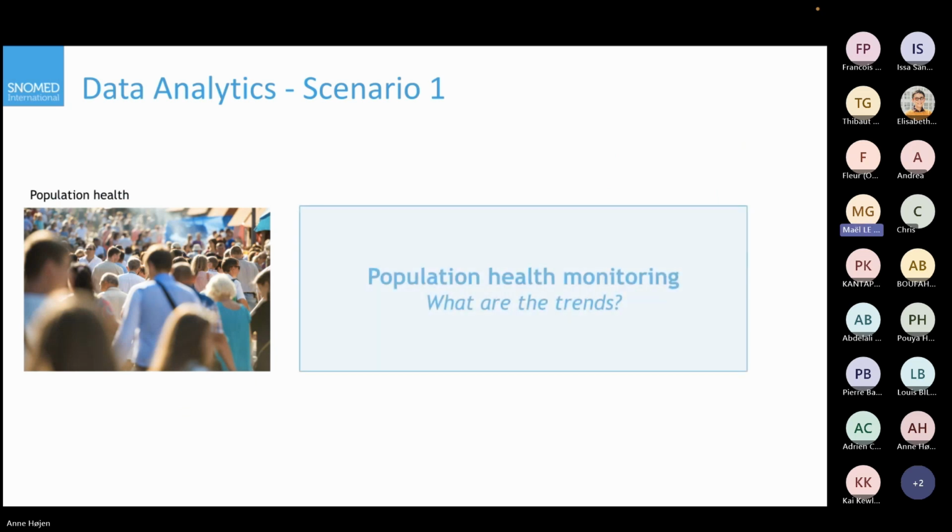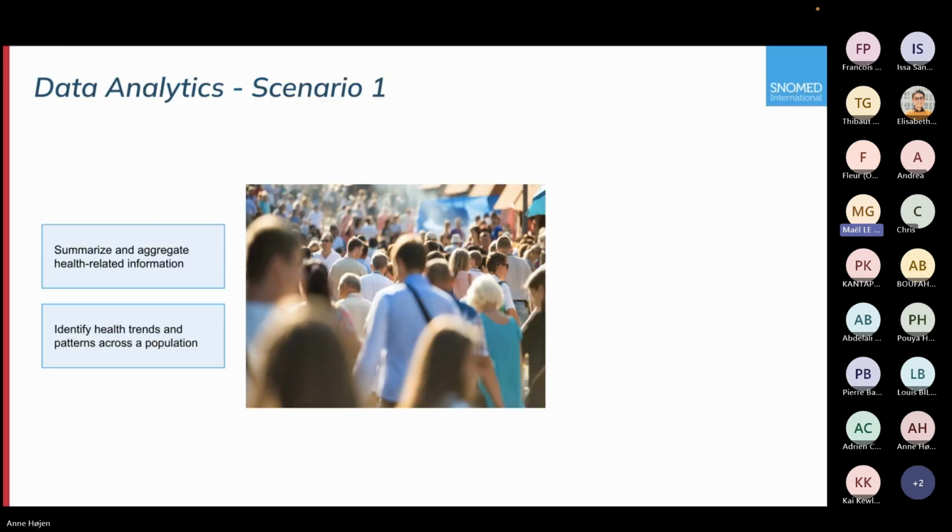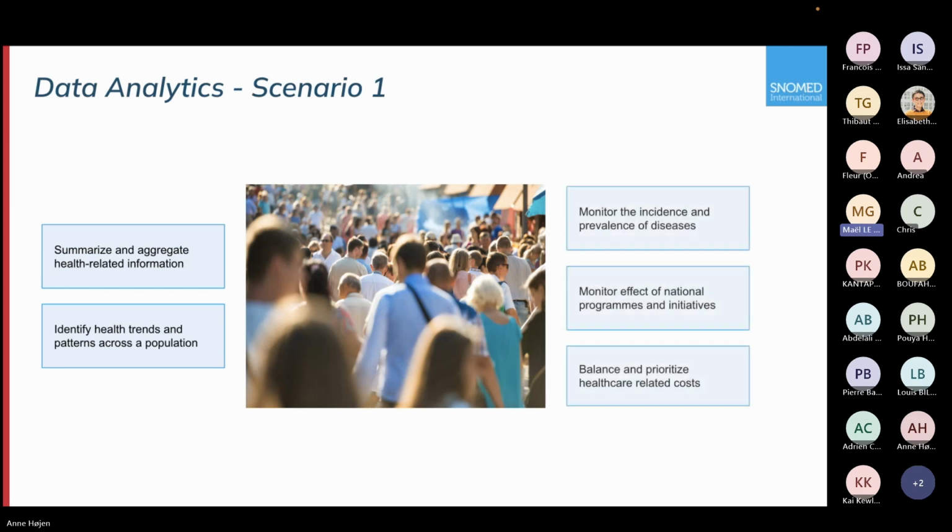So it's population health monitoring: looking at the trends within this population. This is the scenario where we want to summarize and aggregate health-related information, and identify health trends and patterns.